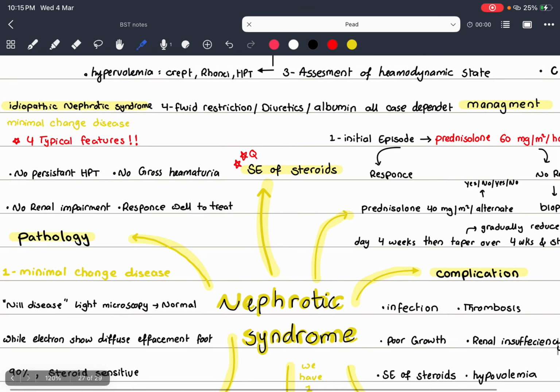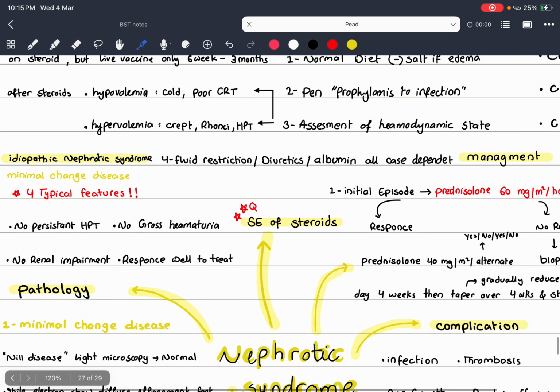Okay, let me tell you something. There are four typical features of minimal change disease. There's no persistent hypertension; the patient may present with hypertension, but it's not persistent. No gross hematuria; maybe you can find microscopic hematuria, but the patient doesn't complain of hematuria.